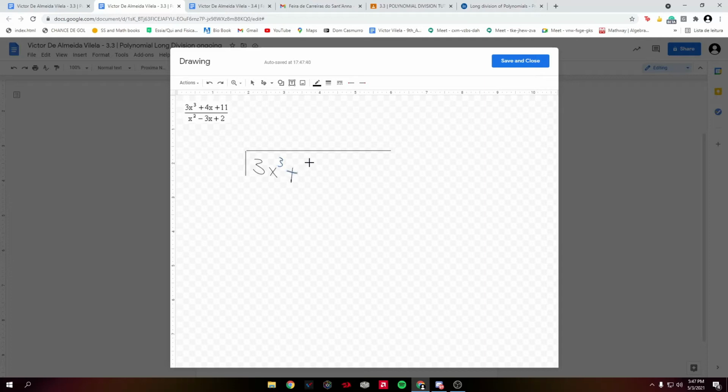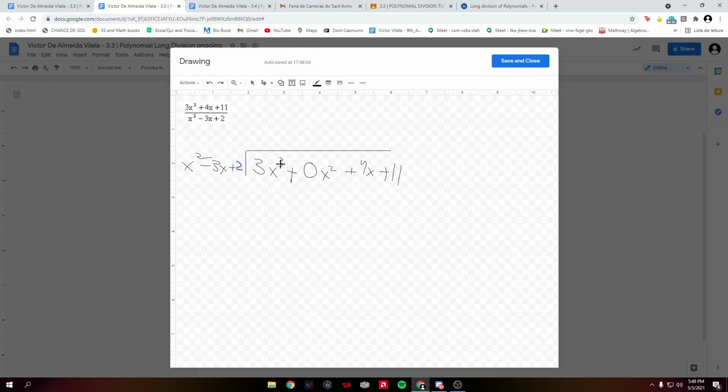Because for this example, we need to put in 0x squared, because it's not showing here, which means it's 0. It still has an x squared, but this time it's a 0. So here we normally do this, and we're all set. Okay, so now we can start the problem.